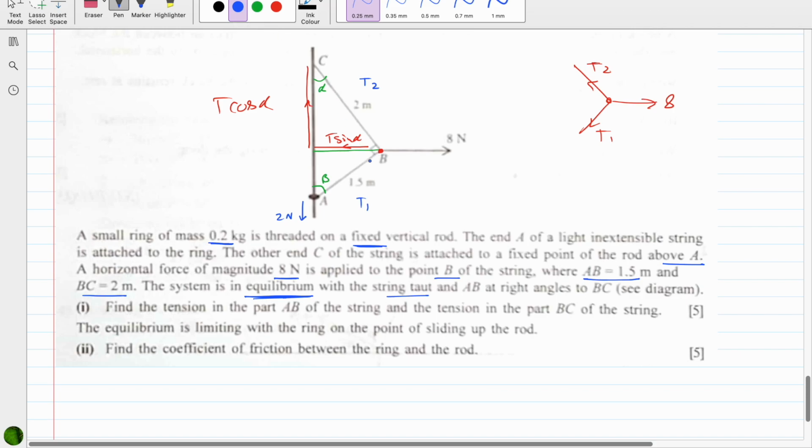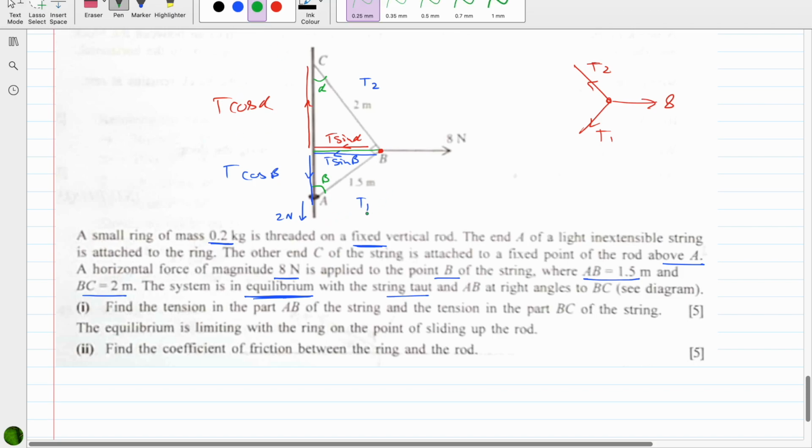Now solving for T1 in the same way, it is moving towards left and downwards. So if this is beta, this is T cos of beta and the opposite one is T sin of beta.